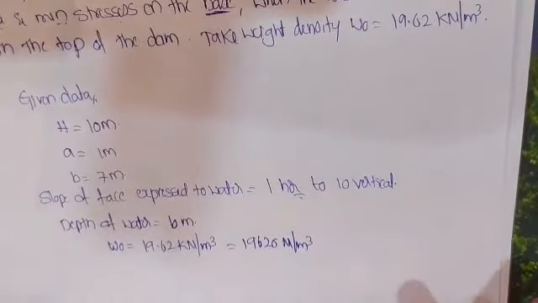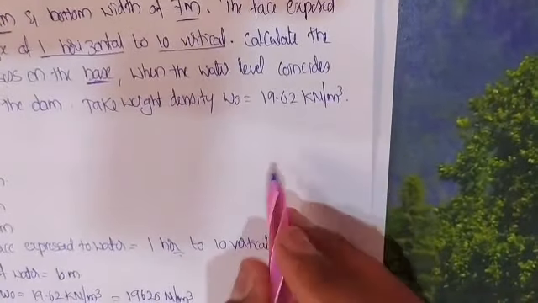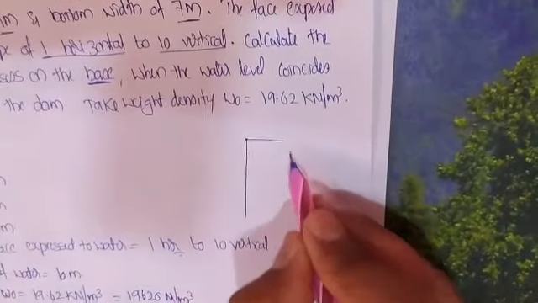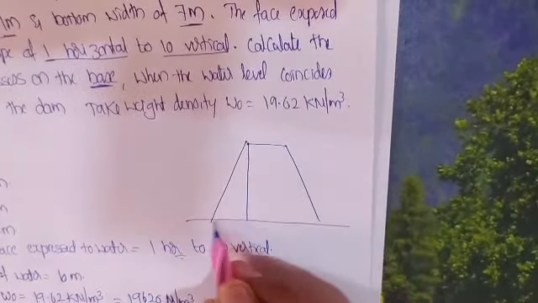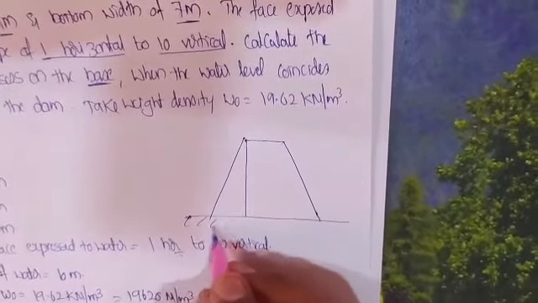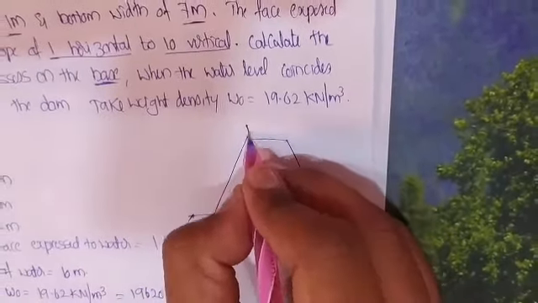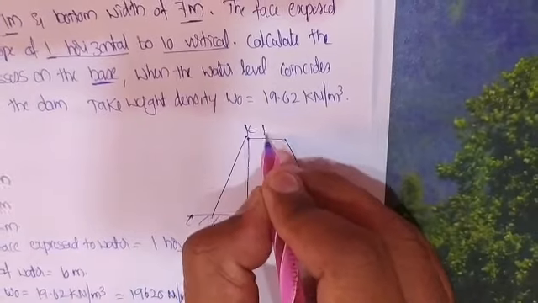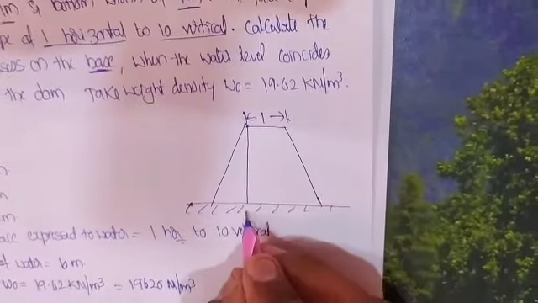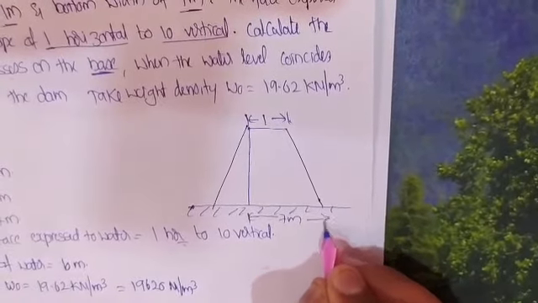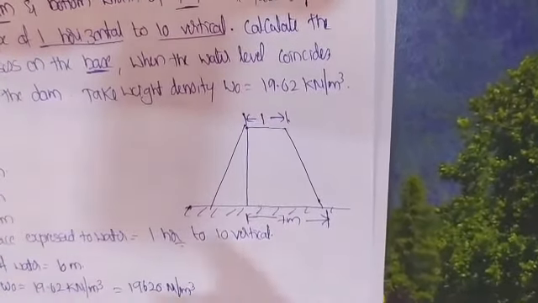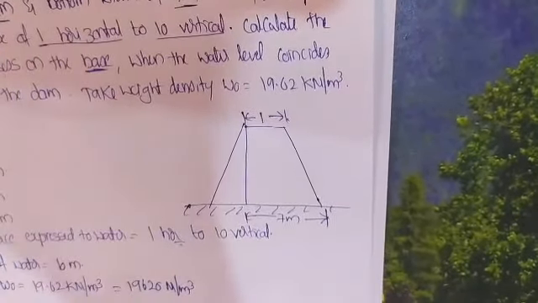For any type of problem, now we will discuss with the figure. So if you see, the trapezoidal dam is like this. Both the faces are inclined. Here the top width is given as a, 1 meter, and the bottom as 7 meters.